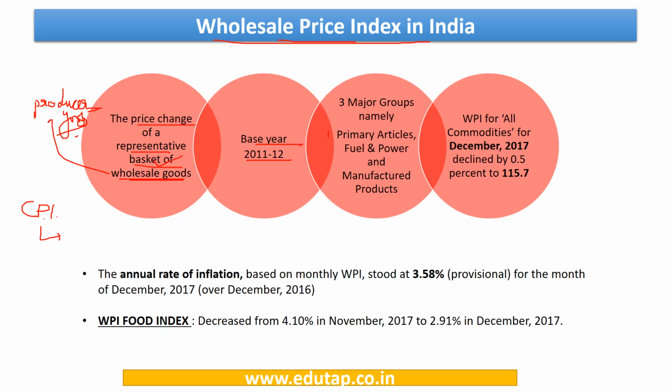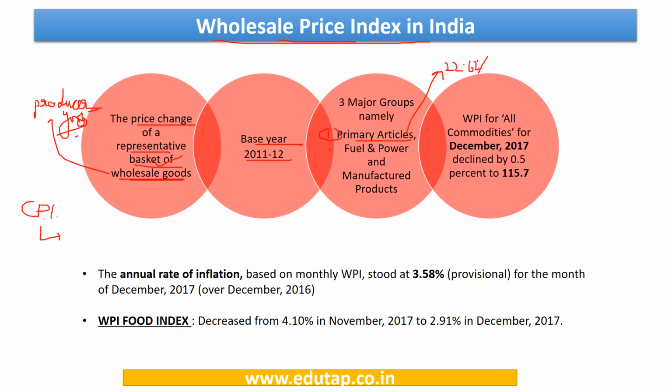The first one is primary articles, which includes fruits and vegetables and other things which are used as primary inputs in industries, for example natural gas, lead concentrate, etc. The weightage for primary articles in the whole index is 22.62%.